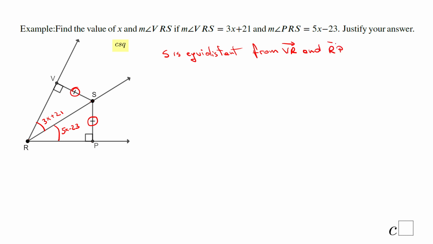That means angle VRS is congruent with angle PRS, right? Because RS is an angle bisector.